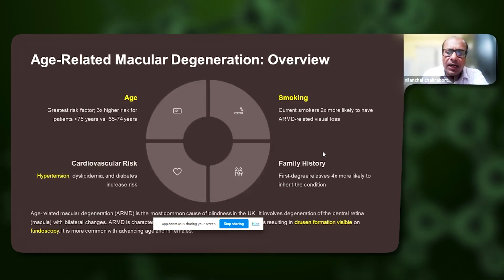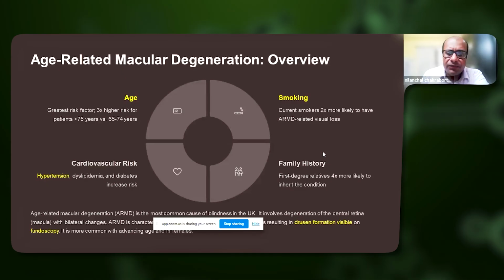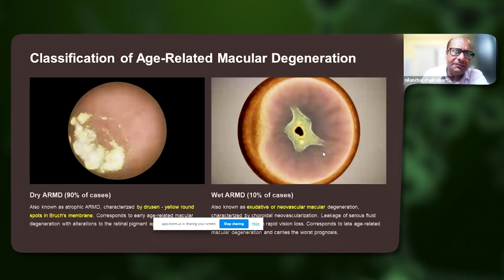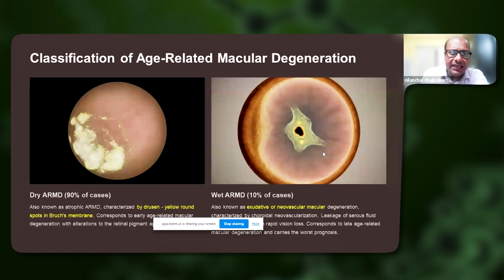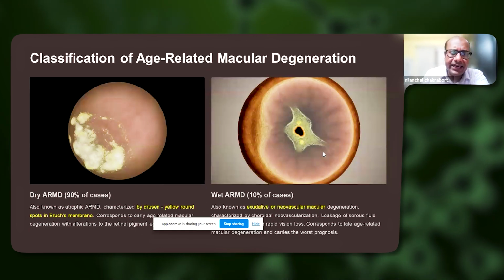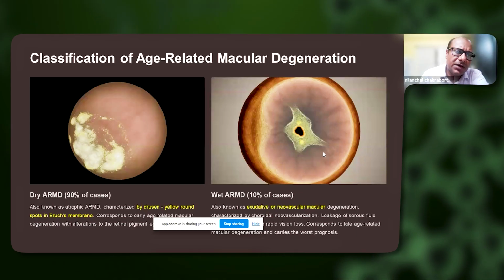So they can ask about the risk factors: family, vasculopath, age, and smoking. They will give clues about the drusen in the fundoscopic findings, and they may ask about the treatment, which is actually that there is no treatment. So 90% are dry age-related macular degeneration, 10% is wet. In dry ARMD, there will be drusen, which are yellow round spots in Bruch's membrane.